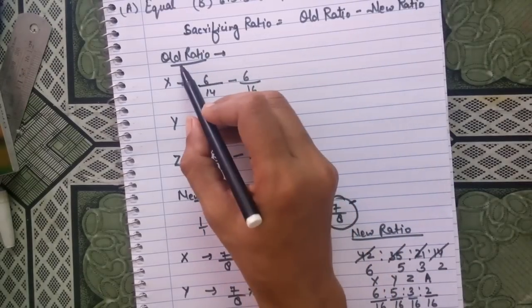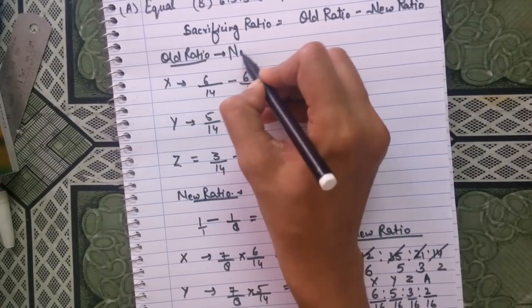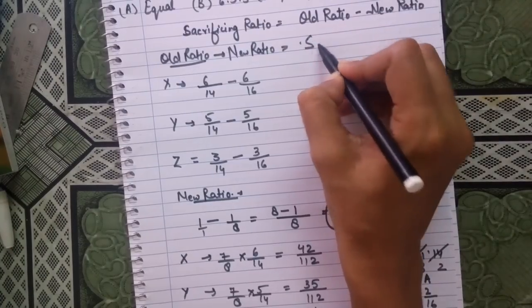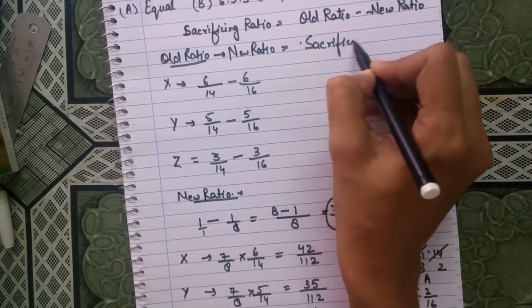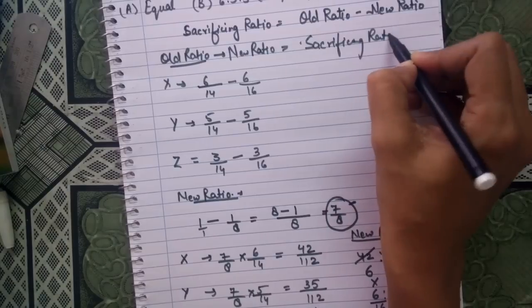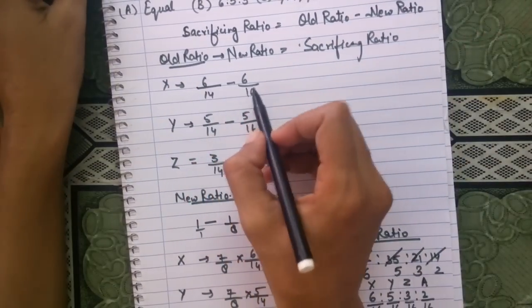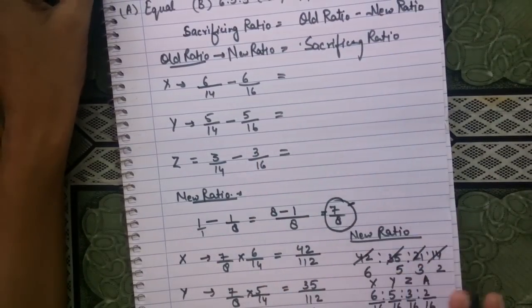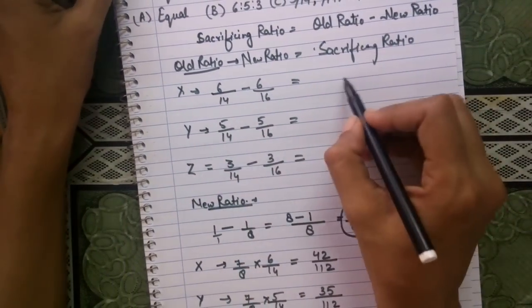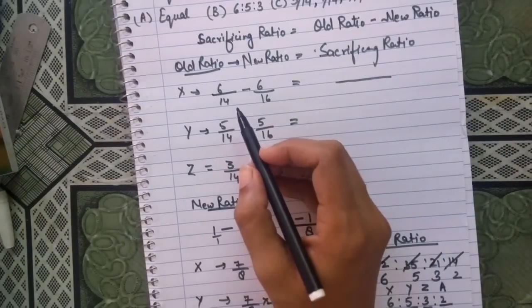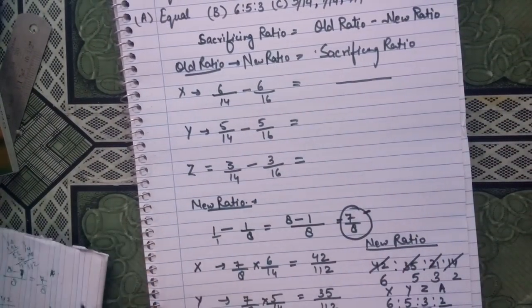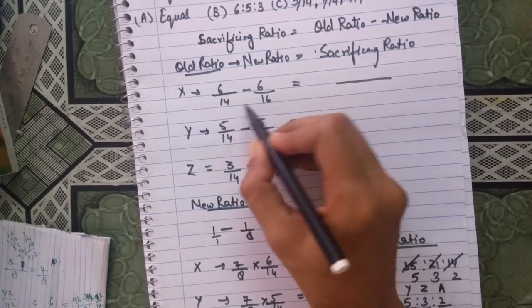If we subtract the new ratio from the old ratio, we will get the sacrificing ratio. Now we have to calculate the LCM of 14 and 16.